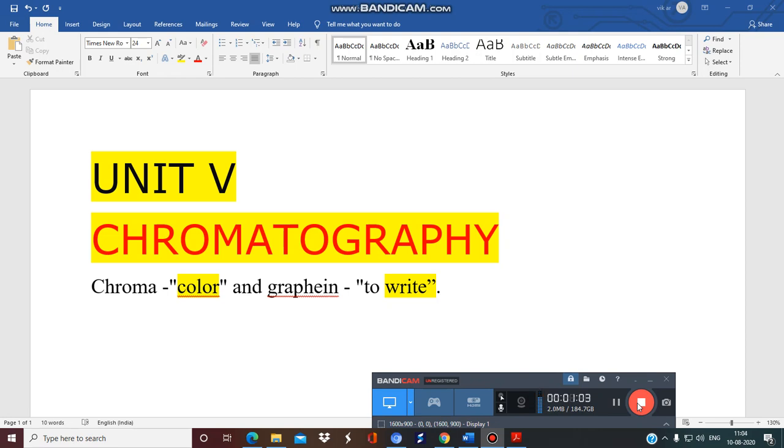Only then will we go for the chromatographic analysis of a particular substance, of a particular drug. I hope you have a brief idea about extraction techniques, and we have done several extraction techniques in our laboratory also. Suppose Soxhlet extraction, we have done this part. Suppose hydrodistillation, maceration, decoction, these are all extraction techniques.